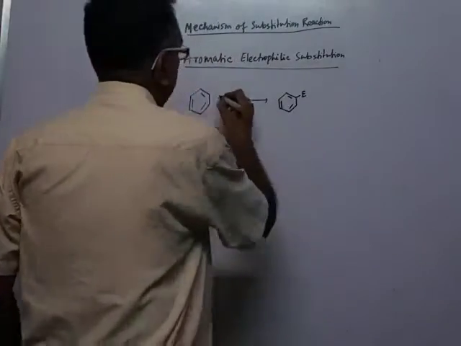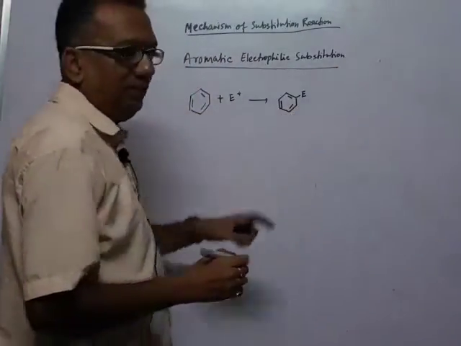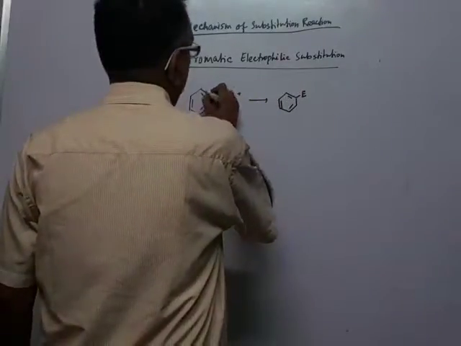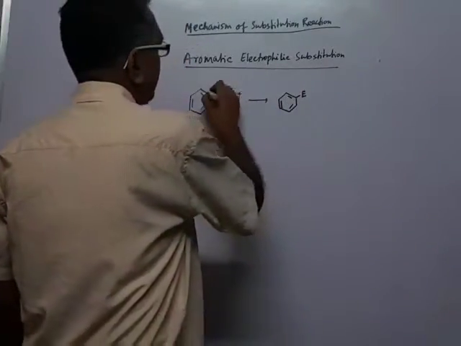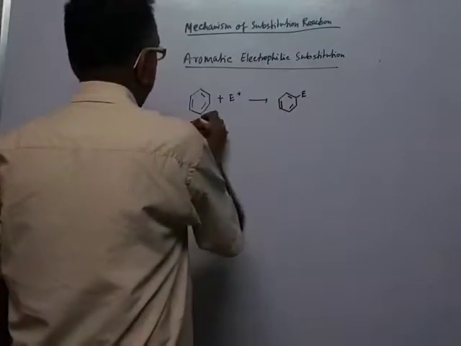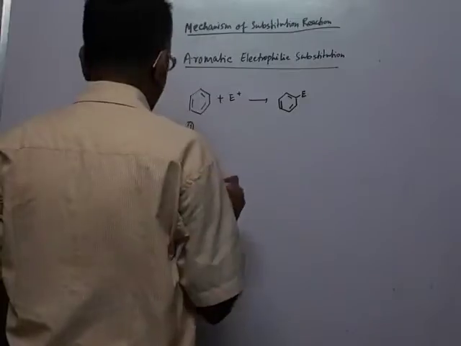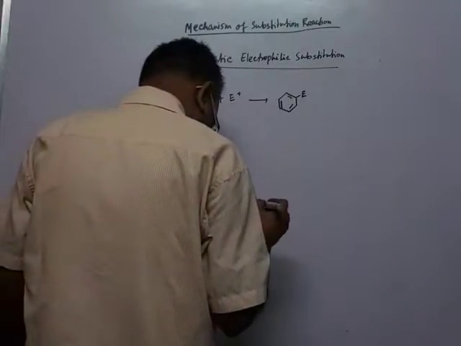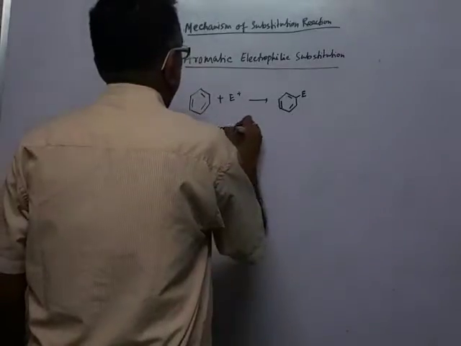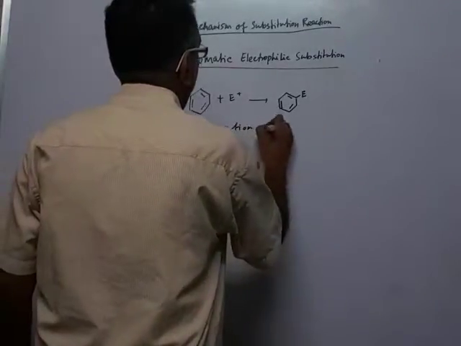One hydrogen is removed and replaced by this electrophile. Now the steps in the mechanism: number one, the generation of the electrophile.